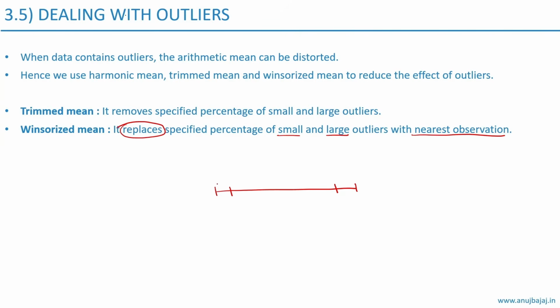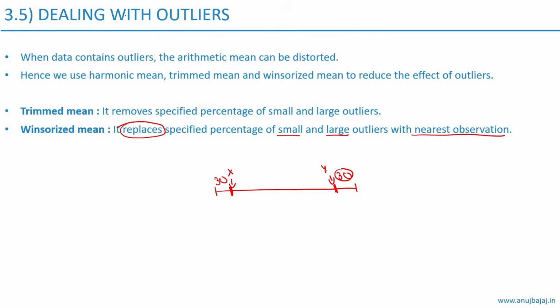These are 30 observations and 30 observations. We decided to replace the 30 observations by the observation which lies just on the boundary. And similarly, we decided to replace the 30 large observations by the observation which is lying just on the boundary. Suppose this observation is x and this is y.